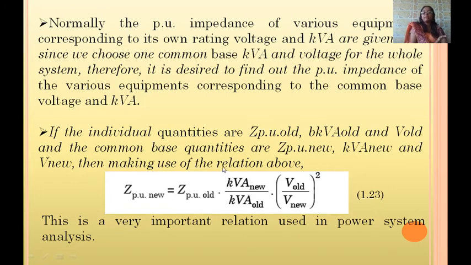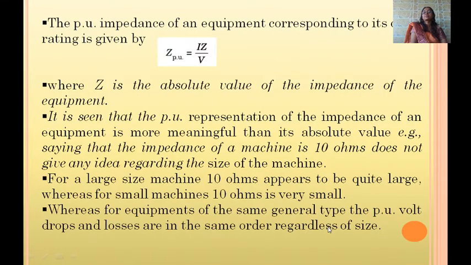So Z per unit new equals Z per unit old times kVA new, what we have considered as the base value, upon kVA old, the rating or capacity of that equipment, into V old upon V new whole bracket square. This is equation 1.23. You have to remember this equation because in the example you have to use it frequently for calculating per unit values. This is a very important relation used in power system analysis.